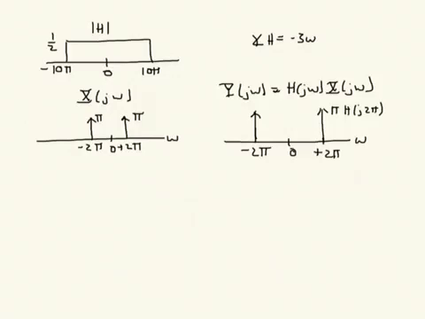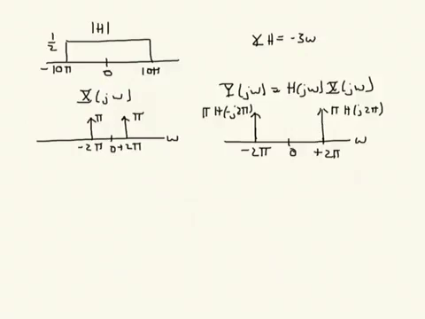So this one is pi times H of j 2 pi, and this one here will be pi times H of minus j 2 pi. Let me rewrite that a little more clearly here. So this will be pi H of minus j 2 pi.